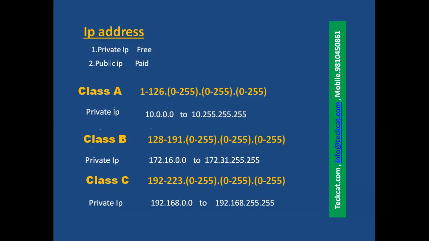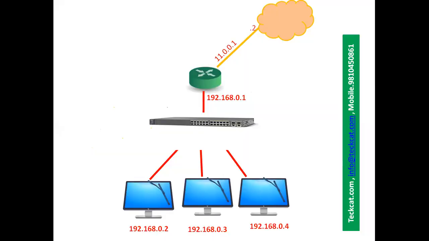Now I'm going to explain the difference between public and private IPs. So this is my diagram, and we have 3 computers here. Try to understand, brother.